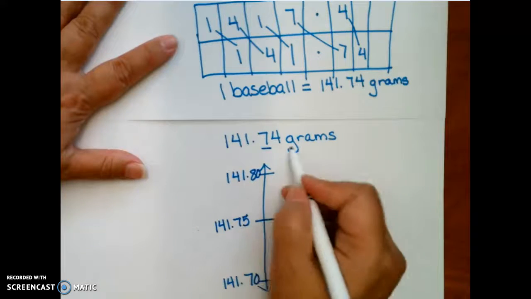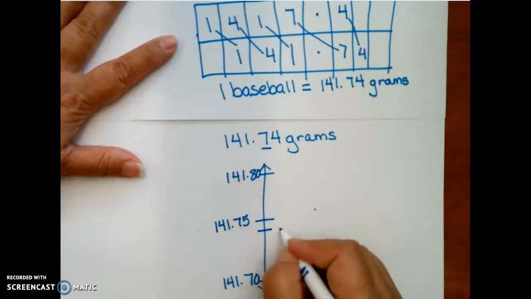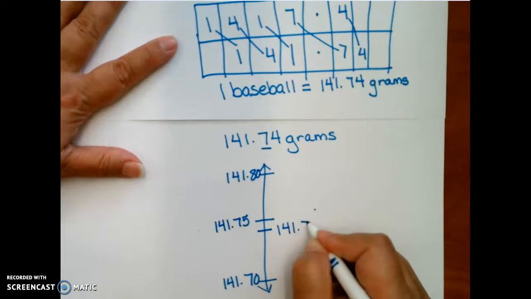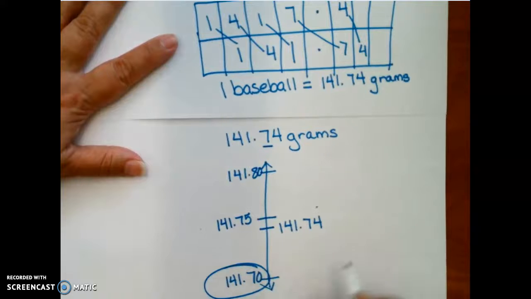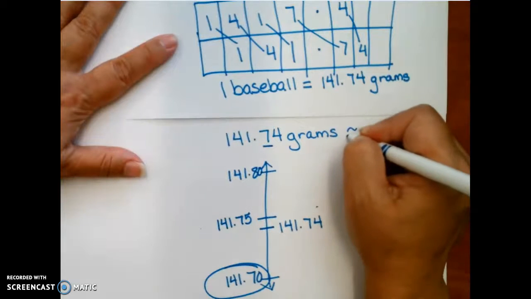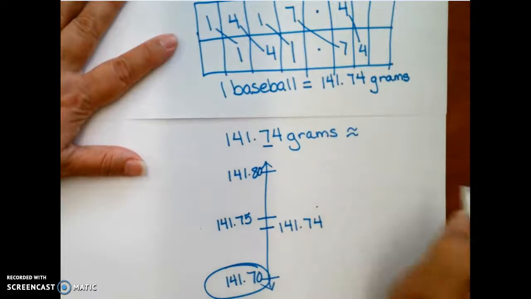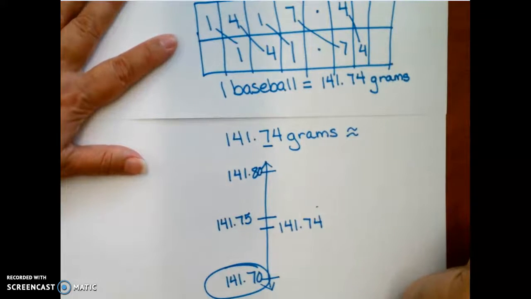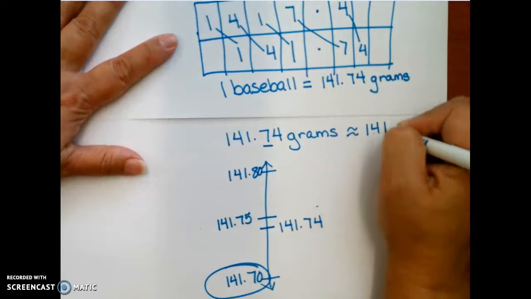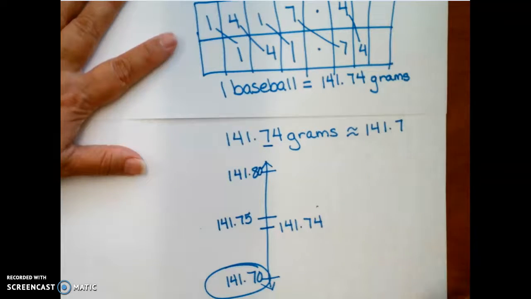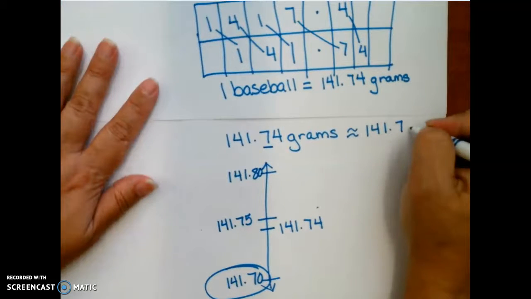Where does 74/100 go? It goes right here. So rounded to the nearest tenth, 141 74/100 would be 141 7/10 grams.